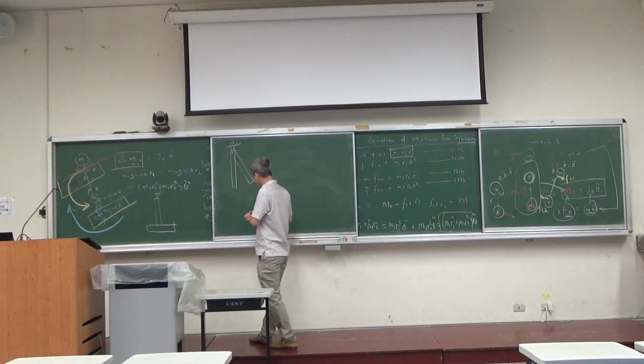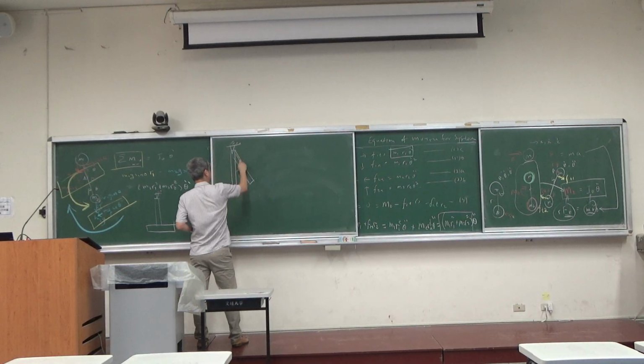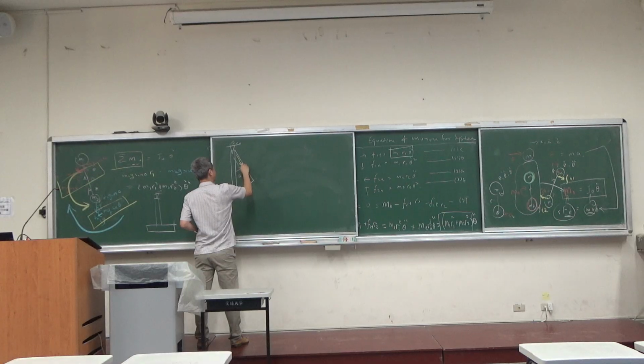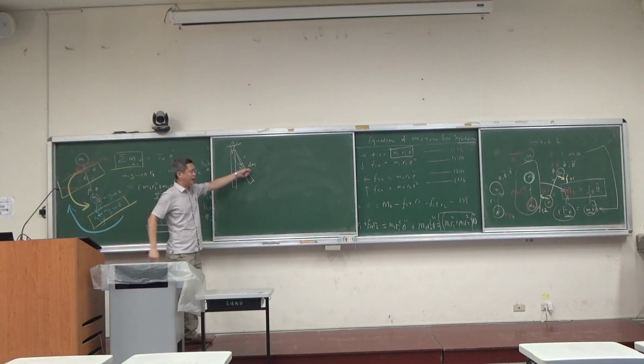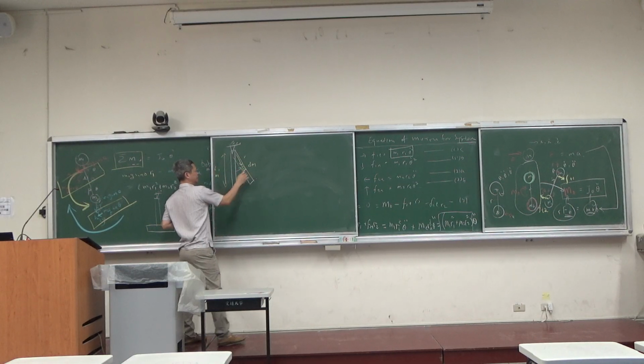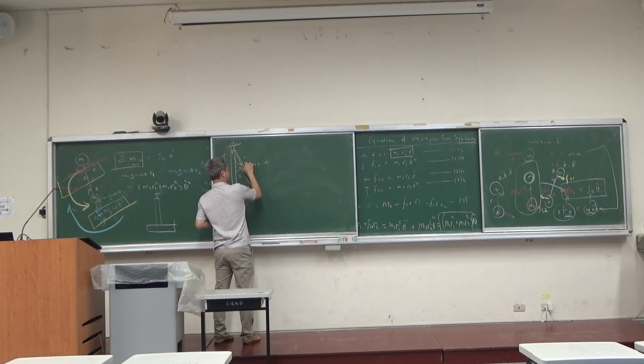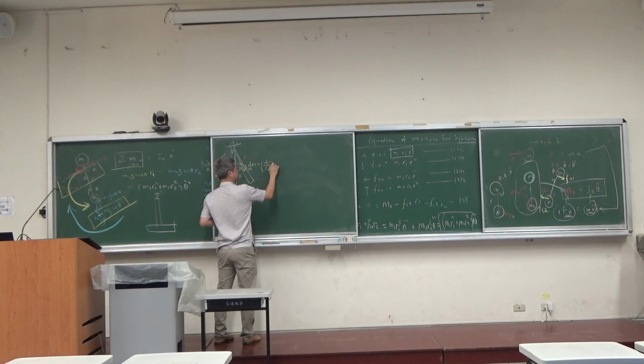So to analyze this, let's look at one part. This is a small mass, dm, located at radius r. How much is this small mass? If the full length is L with the total mass, this small mass must be the small length, dr, divided by the full length times the total mass.